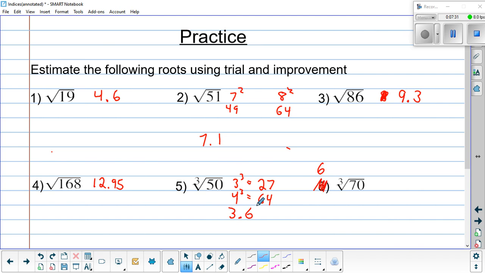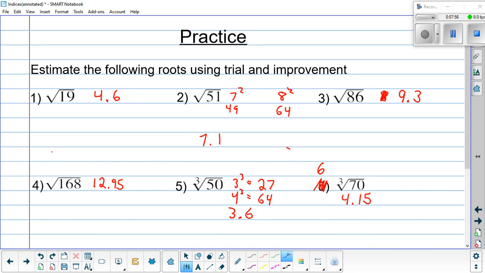And lastly, the cube root of 70. I took this one just as 4.15. So you don't have to be that accurate. It was just me guessing. So let's check. Like I said, yours are probably a bit different, which does not matter one bit. So get your calculator out and follow along.